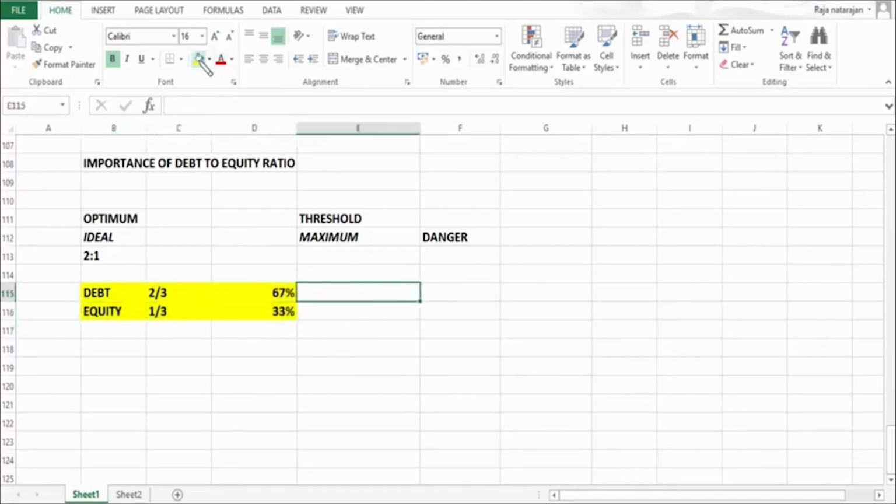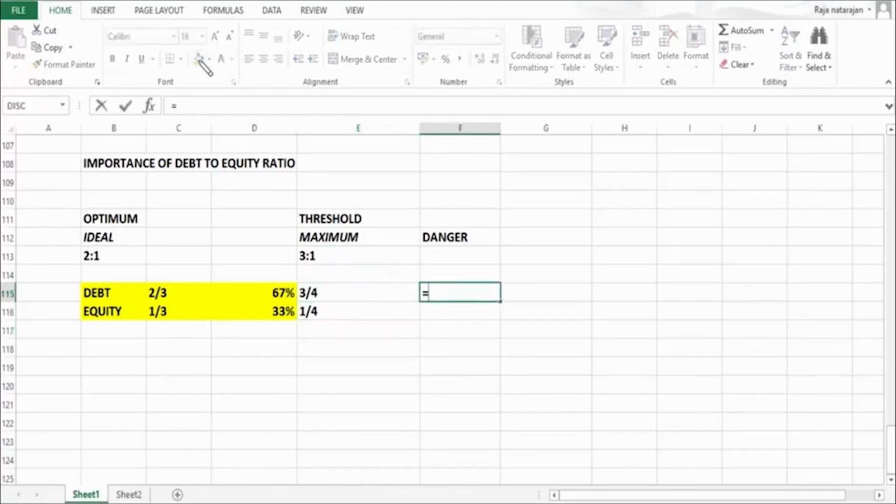Then let's see what is the threshold, that is maximum. The maximum for debt equity is 3:1. So what do we understand by 3:1? It means debt can be 3/4 of total funds and equity can be 1/4 of total funds.